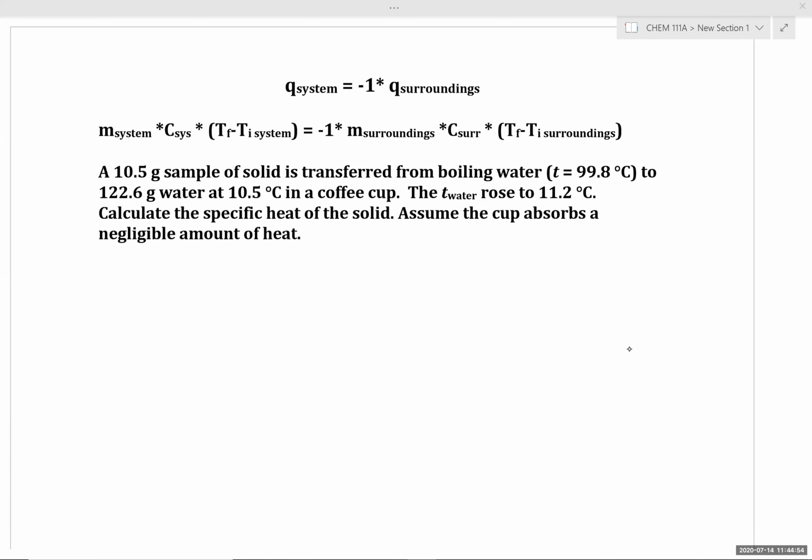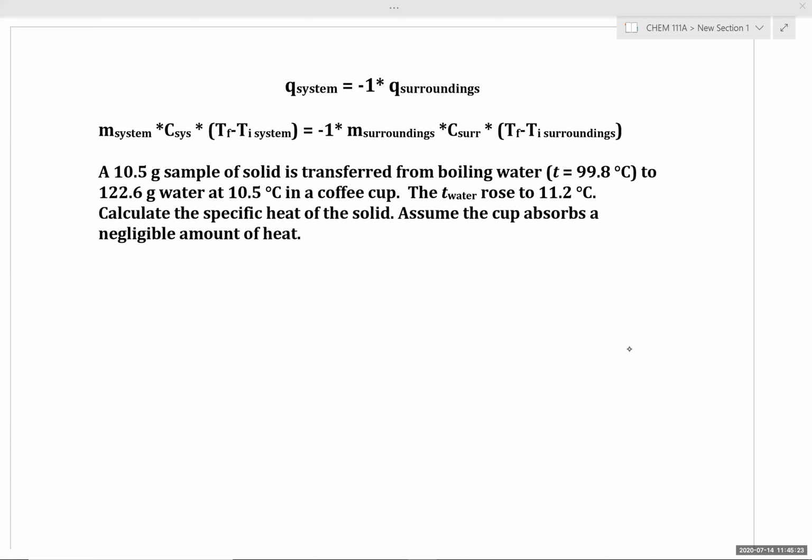And let me check the response in the chat. Oh, make sure to account for the specific heat of water.